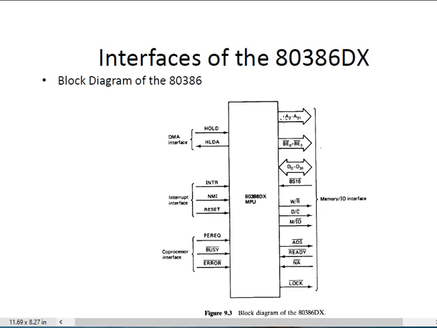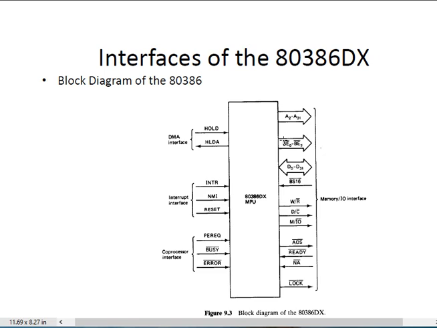Actually the address bus is 32 bits, but the first 4 bits of this address bus are utilized as byte enable pins. Since there are 4 bits, you will have 4 combinations, meaning B0, B1, B2 and B3. These are byte enable pins.